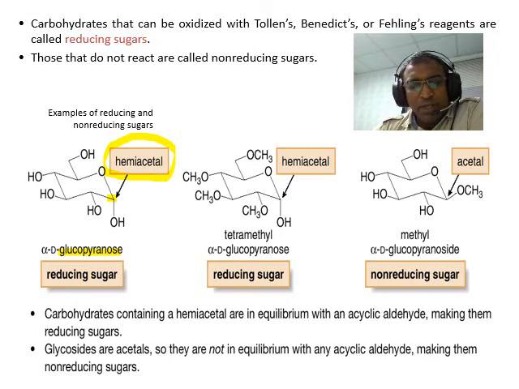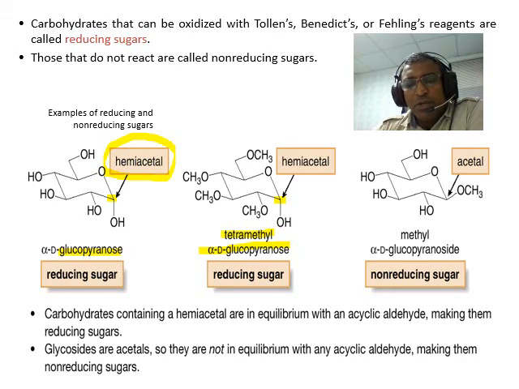Similarly, the tetramethyl alpha-D-glucopyranose also has the anomeric carbon and therefore is a hemiacetal. Therefore, it can reveal the carbonyl group when it becomes acyclic.